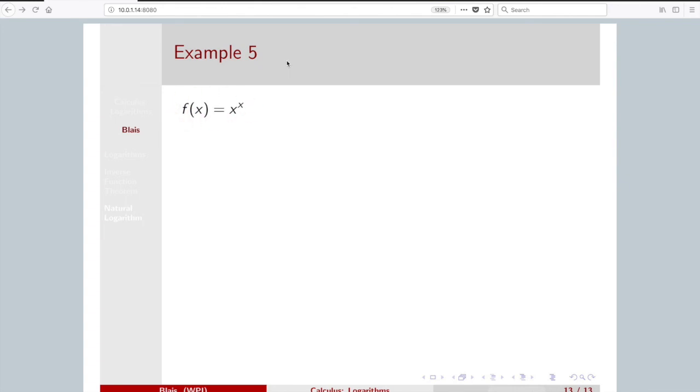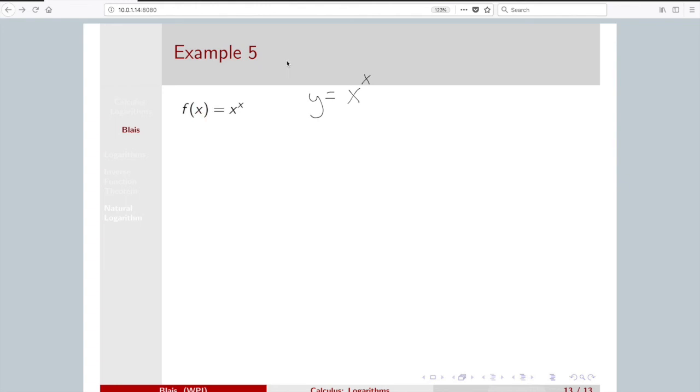When we look at this, we see a function, x to the x, that has the variable in the base and in the exponent. We have no rules to take the derivative of this directly. It's not an exponential because the base is variable, and it's not a polynomial because the exponent is variable. And what we do is use this idea of logs turning exponentiation into multiplication.